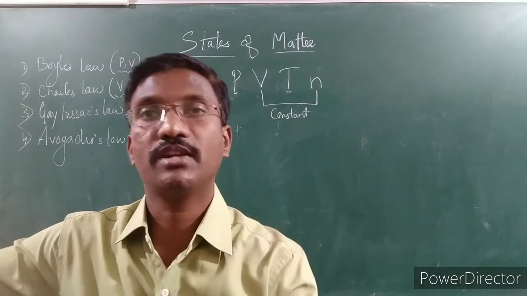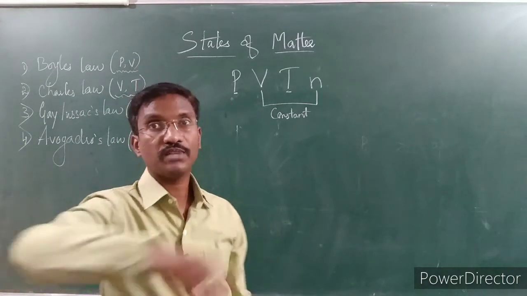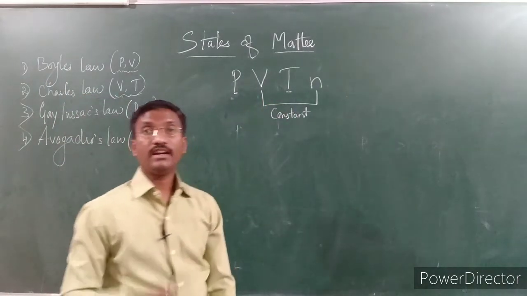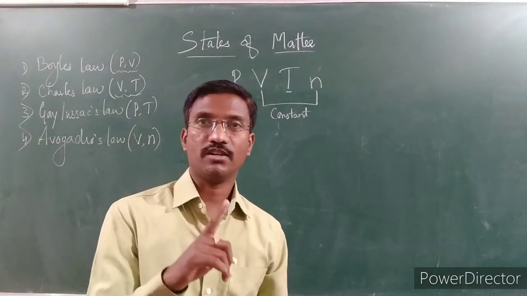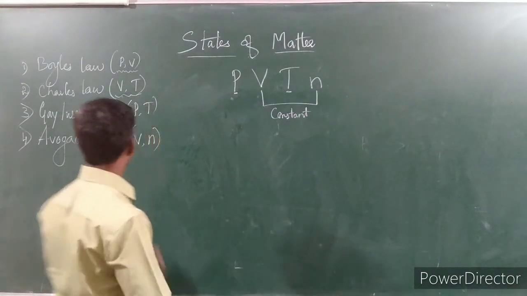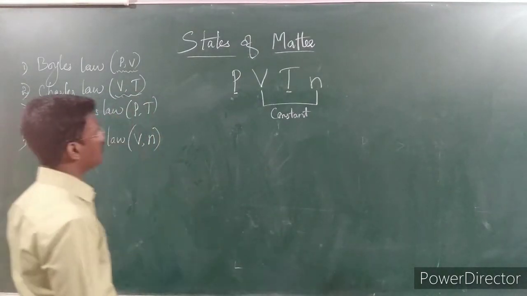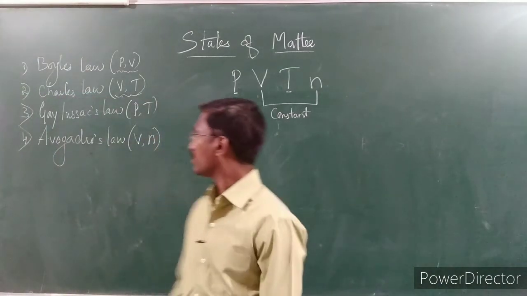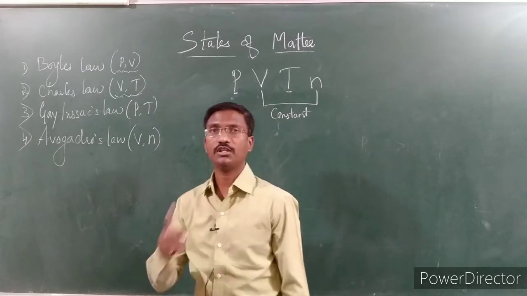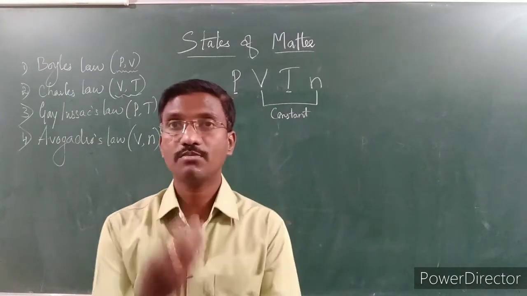Ultimately, as the temperature decreases, pressure has to reduce. So pressure and temperature are directly proportional to each other. Are you getting my point? But don't worry, you are not supposed to add these terms. You only have to remember the terms: what the law is going to relate, whether pressure, temperature, or which terms.